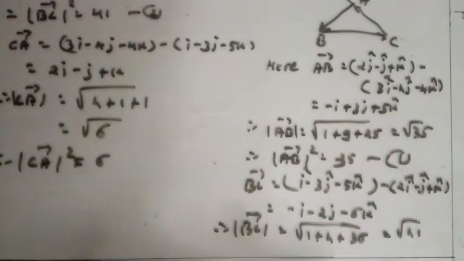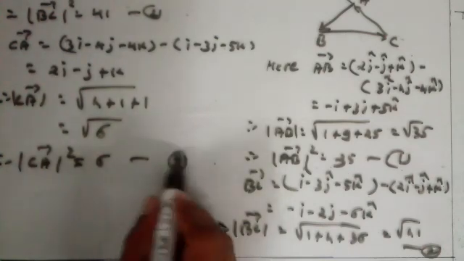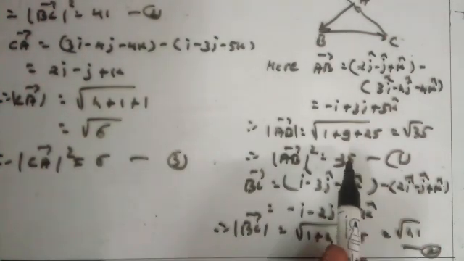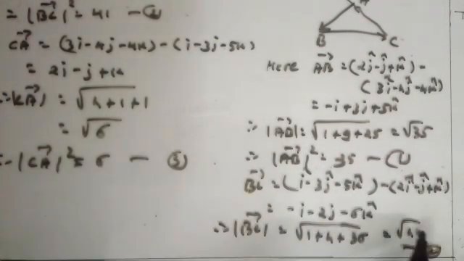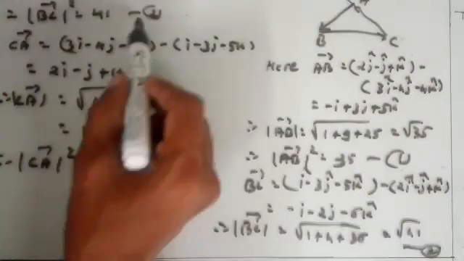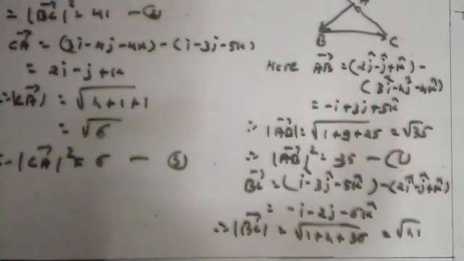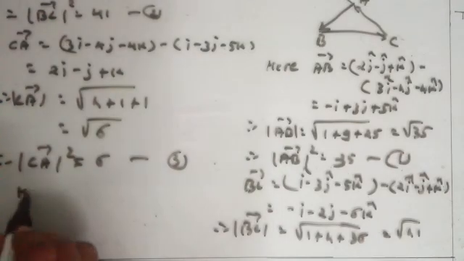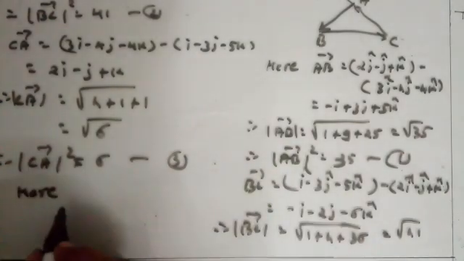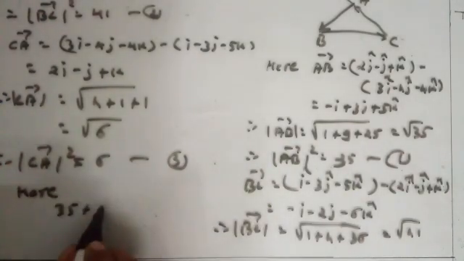Here take result number 1 and result number 3. Addition of 35 and 6 becomes 41, which is result number 2 already given. Here 35 plus 6 is equal to 41.